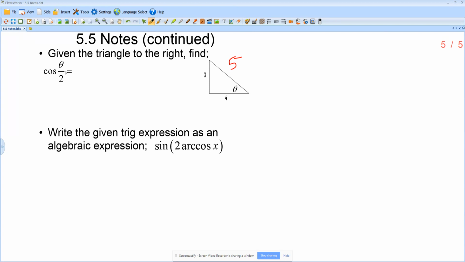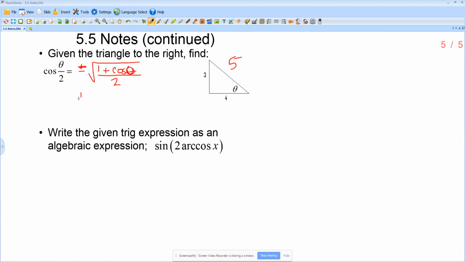So we have cosine of theta over 2 is equal to plus or minus the square root of 1 plus cosine u over 2. The cosine of u just means, in this case, the cosine of theta. And the cosine of theta in this case is 4/5.